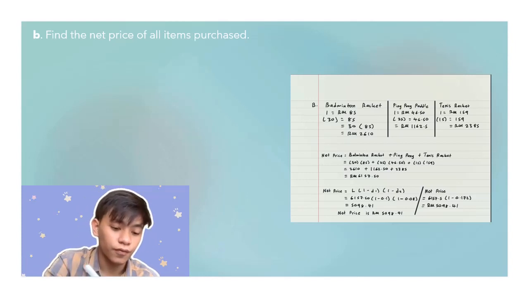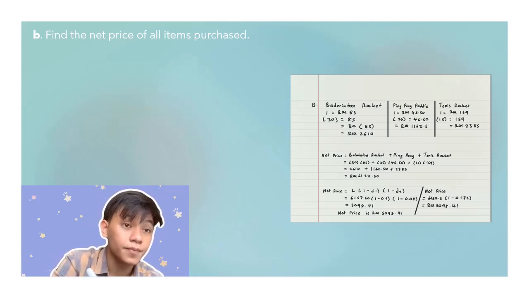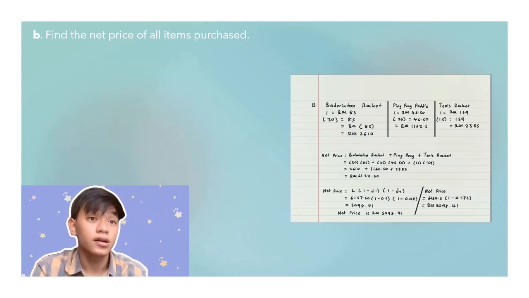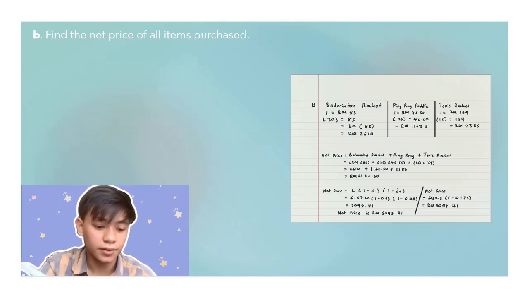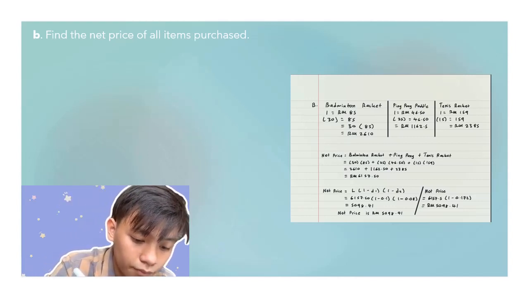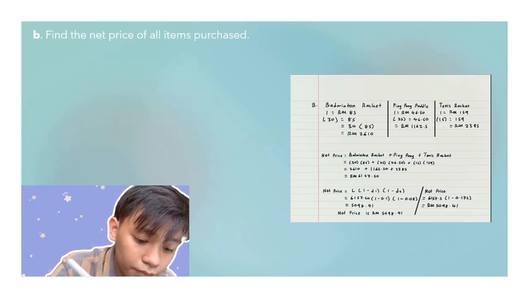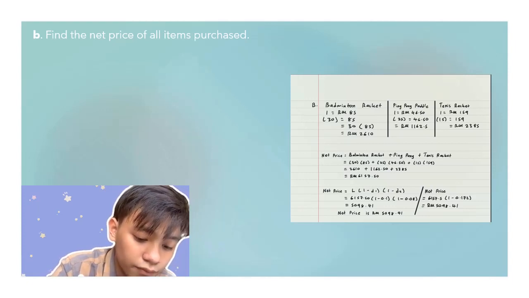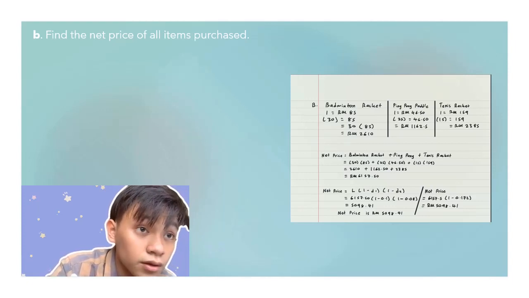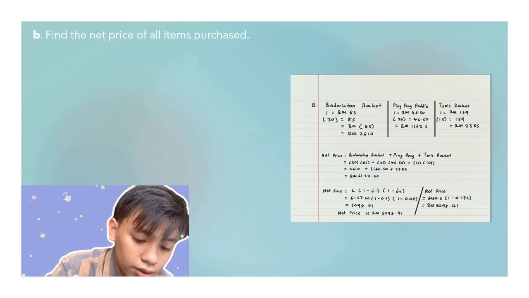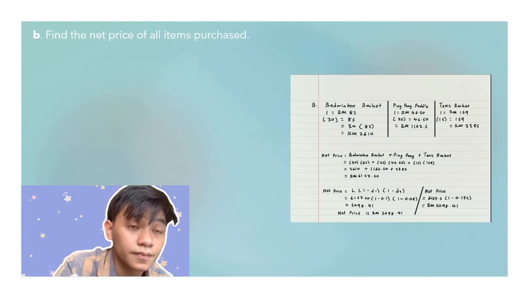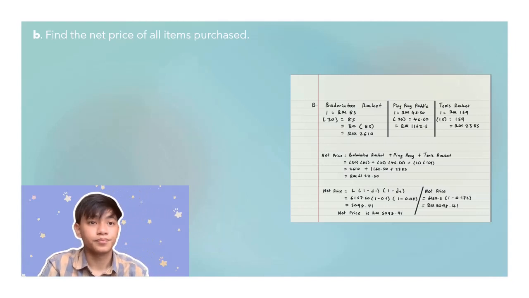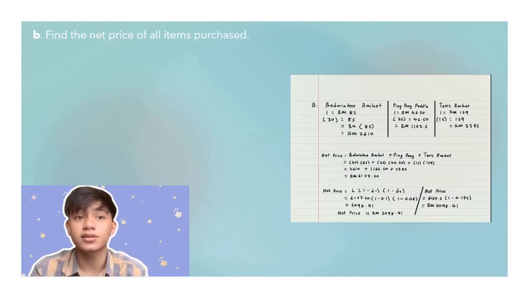For the ping pong, one unit is RM46.50. There are 25 units, so we times it by 25 units. 46.50 times 25 units is RM1162.50. The last item is the tennis racket.